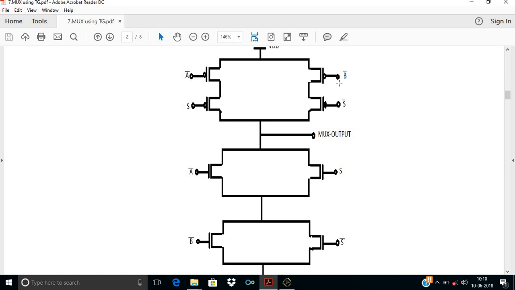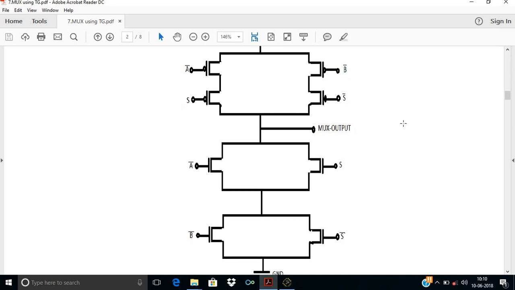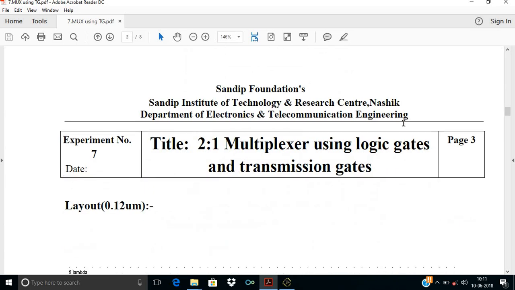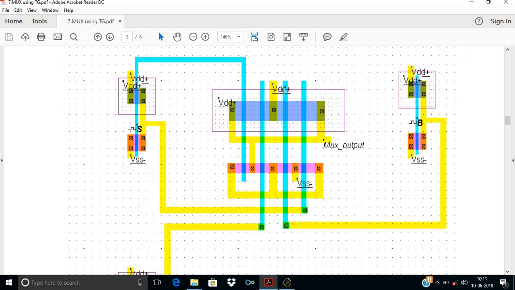The pull-up network consists of PMOS devices, hence we have to draw 4 PMOS devices. For that purpose first of all we have to draw the N-well. In that N-well we have to draw the P plus diffusion material, then 4 polysilicon layers. The middle layers are A bar and B bar, and the outside layers are S and S bar. Then we will make the connections.